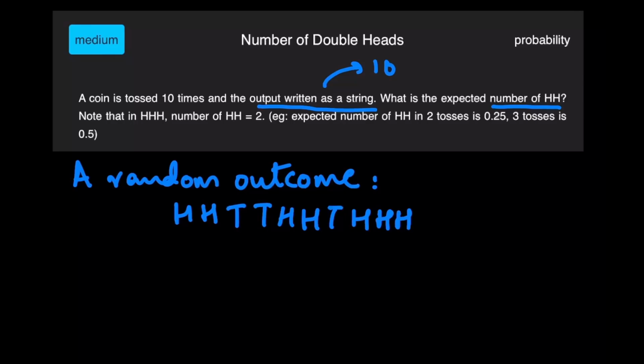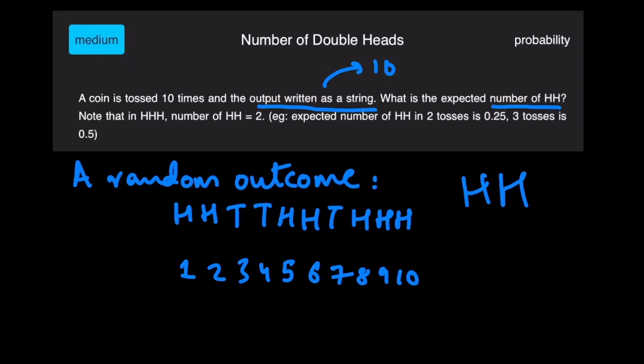Now first of all, let me give each coin toss an index. So this would be index 1, 2, 3. By double heads, two consecutive heads like this, what the question means is that they are looking for two consecutive indexes, both having heads.